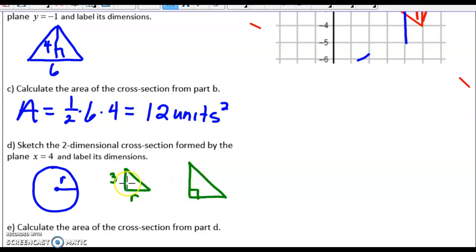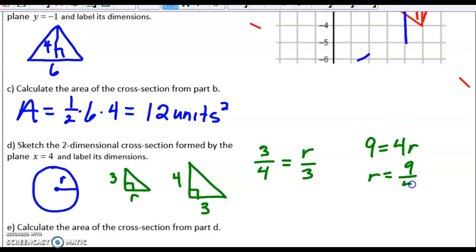Here, the whole height was 4, and we knew the radius was 3. So then just set up a proportion. And again, there are a lot of ways to set up a proportion. I'm going to say vertical is to vertical as horizontal is to horizontal. And my diagram's here, but you could set up proportions many ways. And you obviously can solve this to get the radius is 9/4.